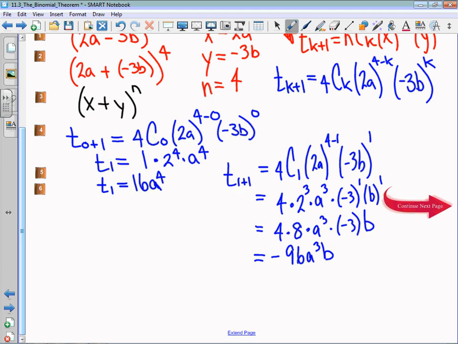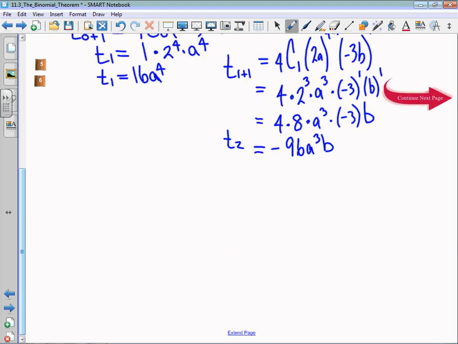And having those coefficients within our binomial certainly does make these questions a little bit trickier. You just have to make sure you're really diligent with the brackets as you go, because we need to do this 3 more times. So I'm going to find term 3, which is when I make k equal to 2. So that's going to be 4 choose 2 times 2a to the power of 4 minus 2 times negative 3b to the power of 2.